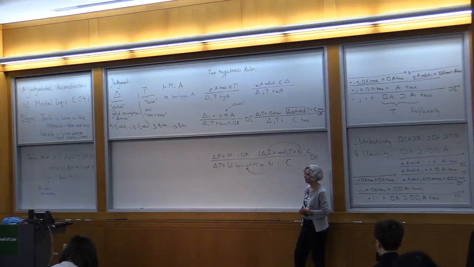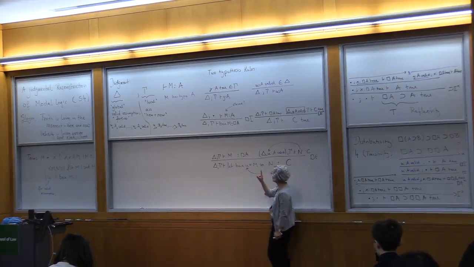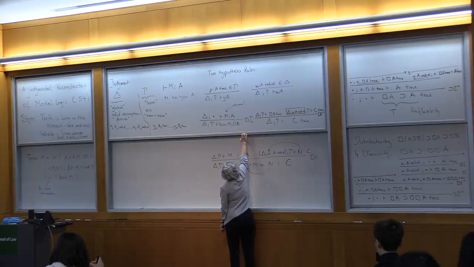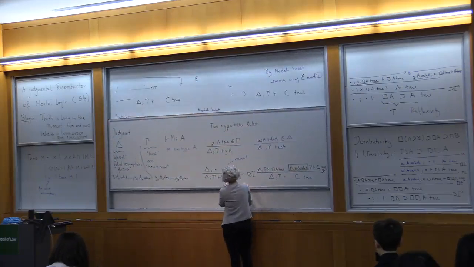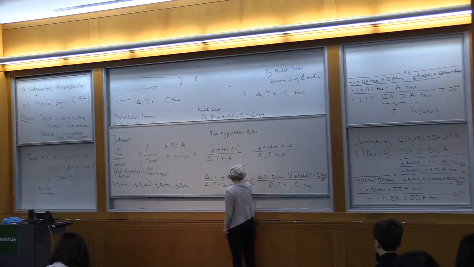Yes. As you said that it has to be closed, does it mean that it cannot contain variables from delta? It can contain variables from delta, you're right. But it cannot, because, for example, I could prove A because here I have an assumption valid.